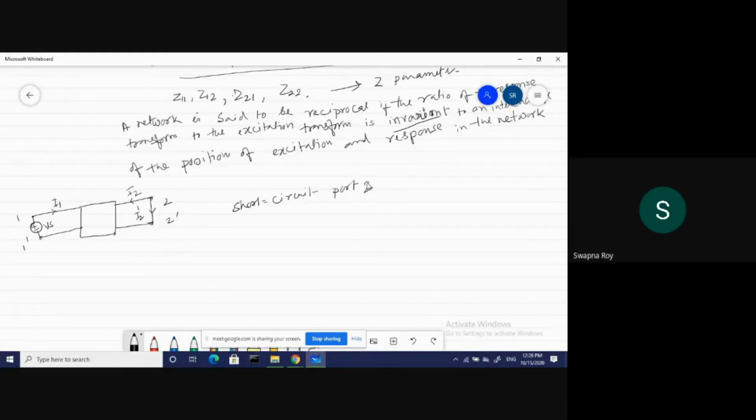Port 2 as output port and apply voltage Vs in port 1.